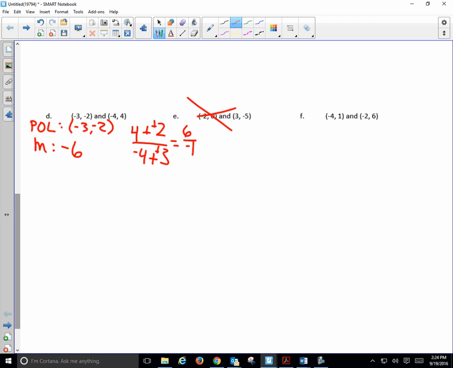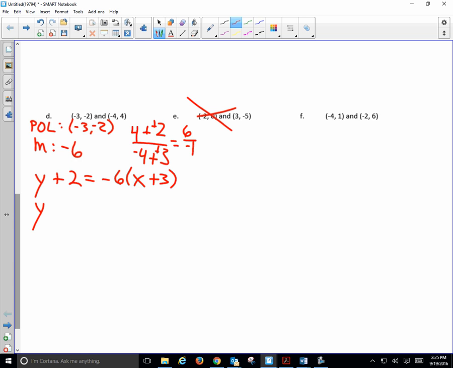Here we go. Y minus or plus? Plus what? 2 is equal to -6 times x plus 3.